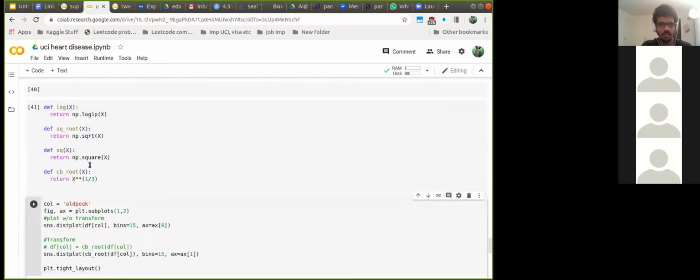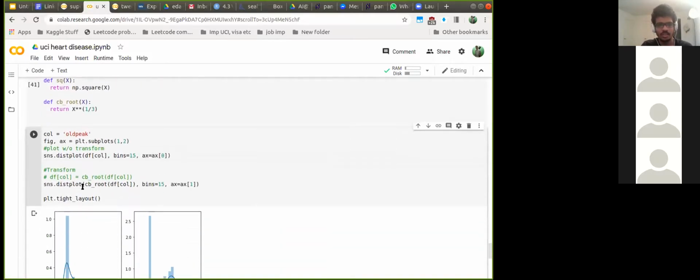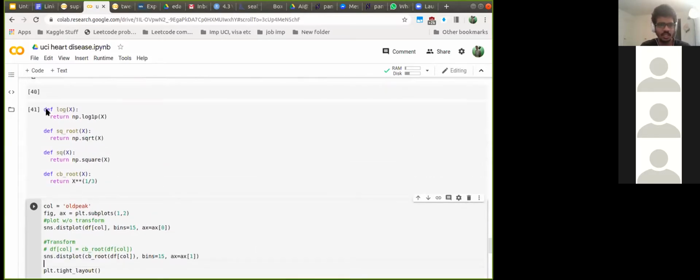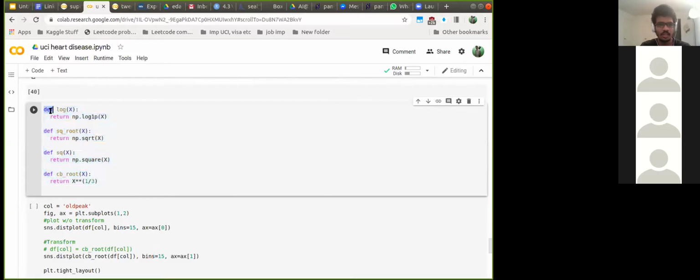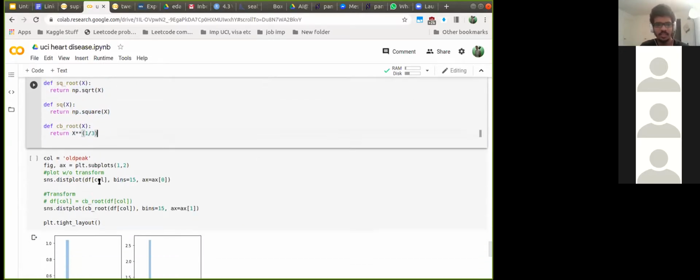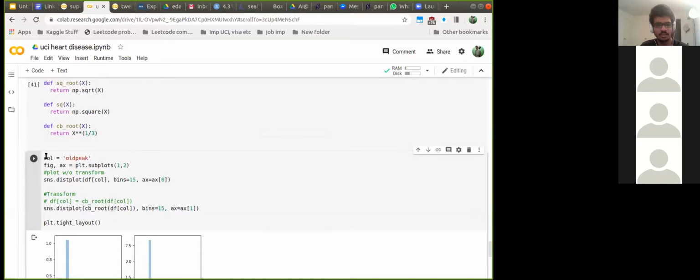What I want you guys to do now is come up with transformation ideas. I've written the transformations right here, and you could go through them and try to perform feature transformations, or create any new features that you feel would help in the modeling process, like we did in the previous notebook.